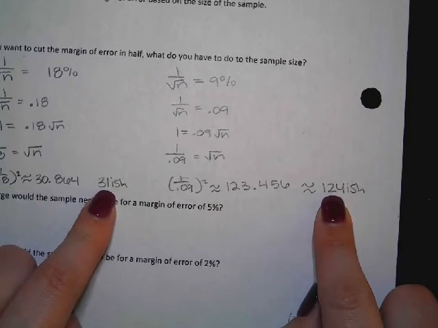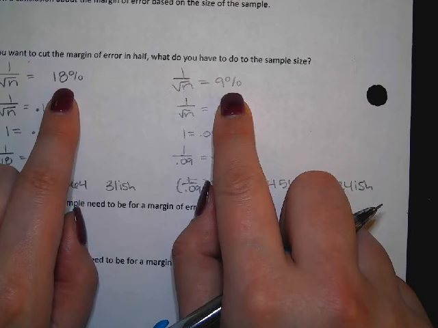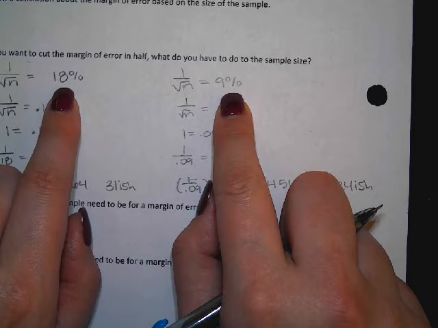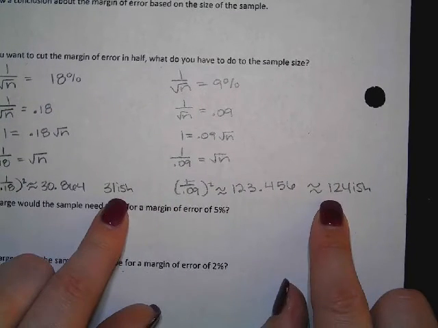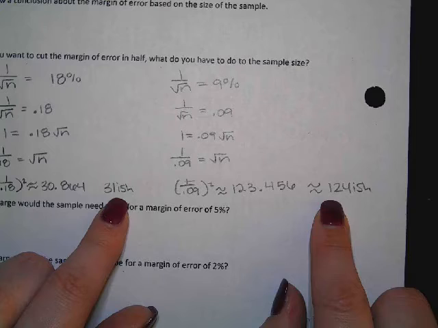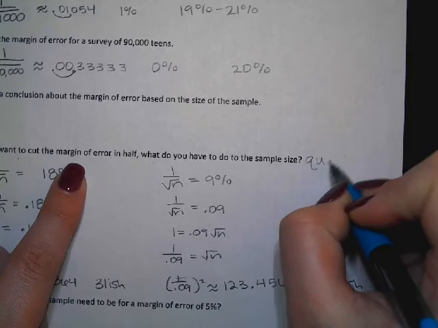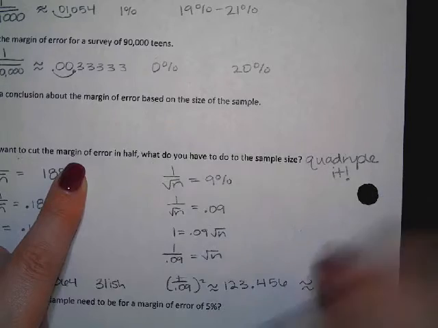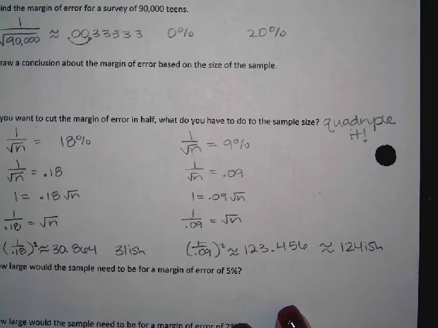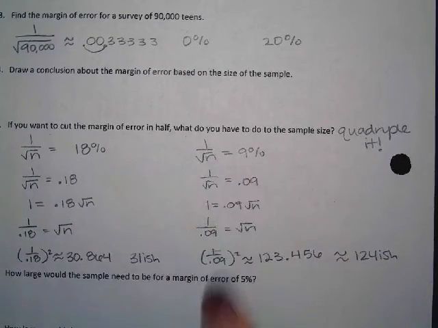So if you want to be twice as accurate, if you're cutting the margin of error in half, you're getting more accurate, right? To cut the margin of error in half, you have to quadruple your sample size. To cut the margin of error in half, what do you have to do with the sample size? Quadruple it. And we chose 18% and 9%, but we could have done it with any.